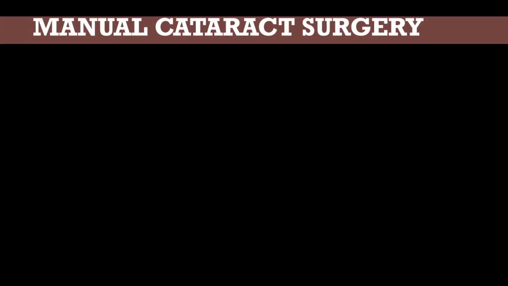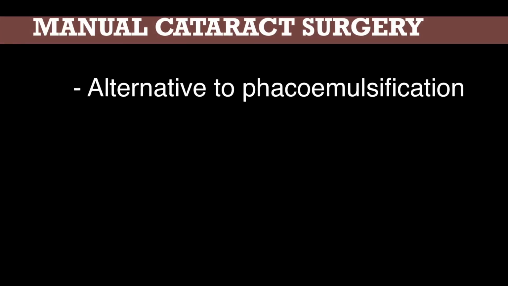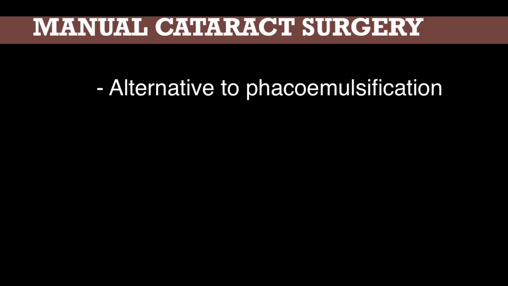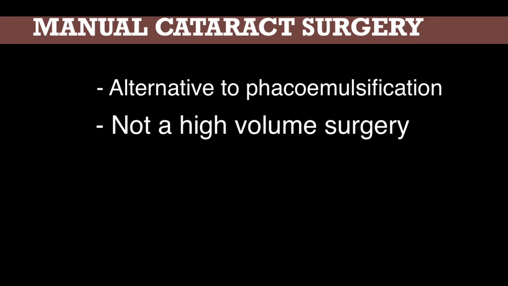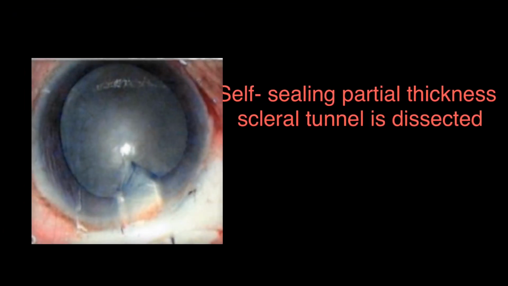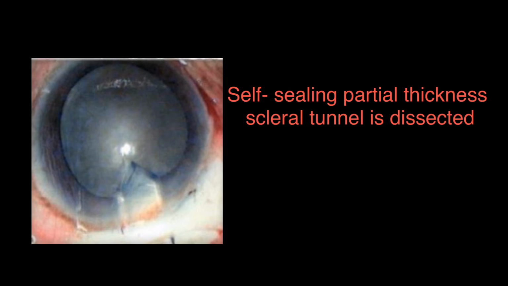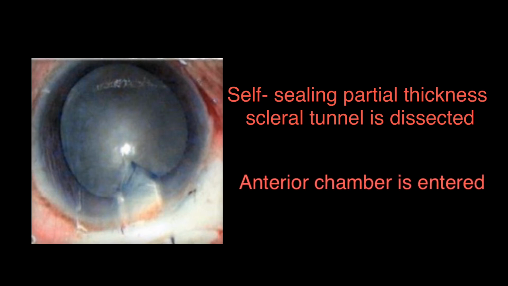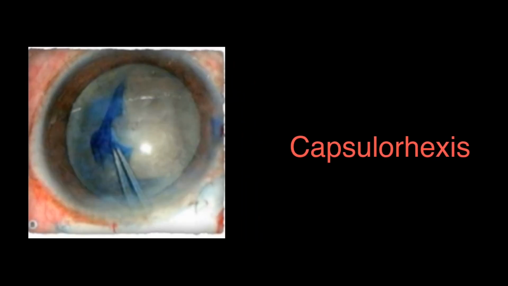Manual cataract surgery is an effective alternative to phacoemulsification in countries where very high volume surgery with an expensive instrumentation is required. A self-sealing partial thickness scleral tunnel is dissected and the anterior chamber is entered. Next, capsulorhexis is performed.